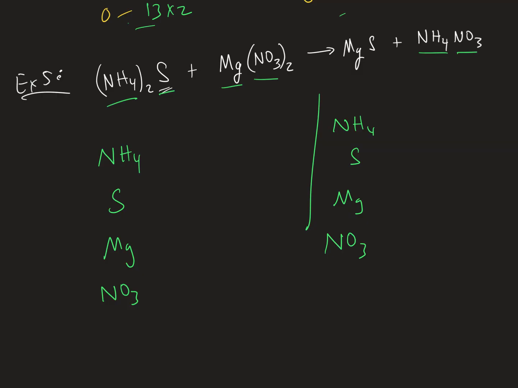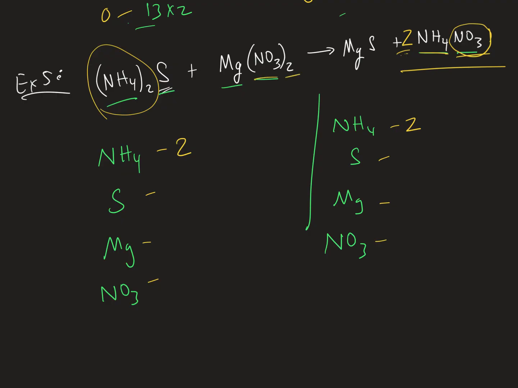All right. So let's just count ammoniums first. There's 2 of them. How many on this side? 1. So I better put a 2 right there. And, well, since I changed this one to 2, let's just count the nitrates next. We have 2 ammoniums, and now we also have 2 nitrates.